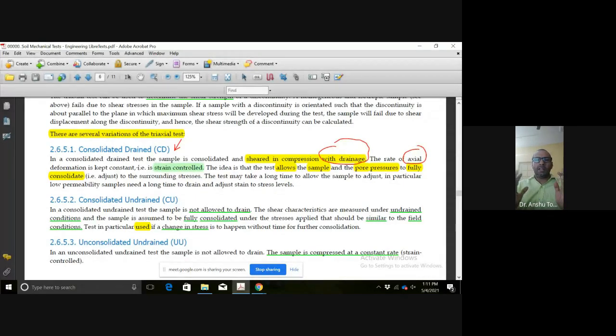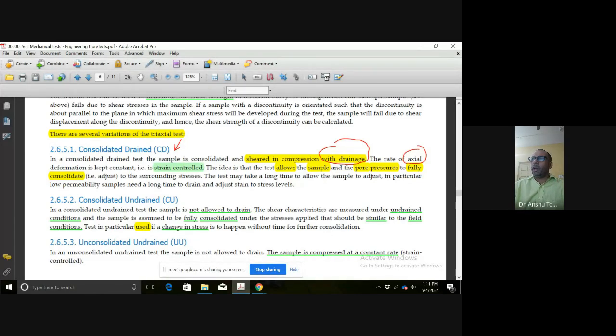That means slowly and slowly we know the limit of that particular soil sample, and we are trying to bring it close to that limit so that it should be able to fully consolidate, and it adjusts to the surrounding stresses because we are allowing the drainage to happen.